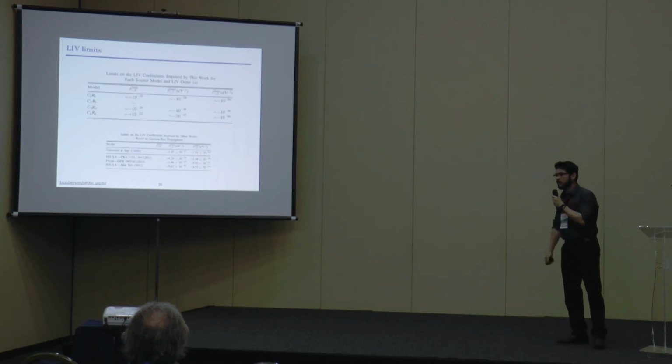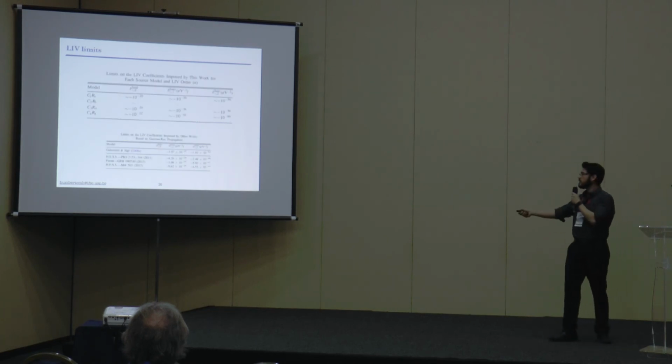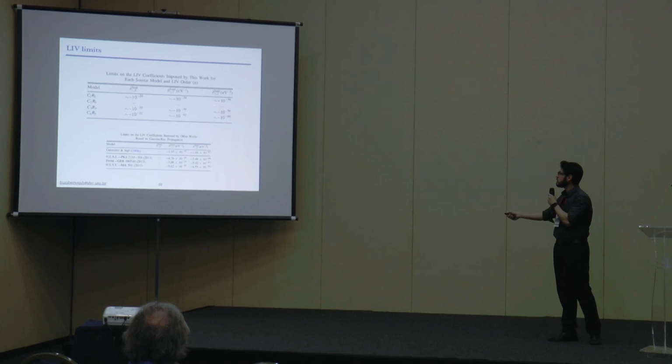By doing that, and this is almost my last plot, here are the limits that come from comparing these predictions with the Auger data, C3, R5, and you can see our limits. You can compare them with previous limits where they studied, or tried to study, the GZK photon flux including LIV.